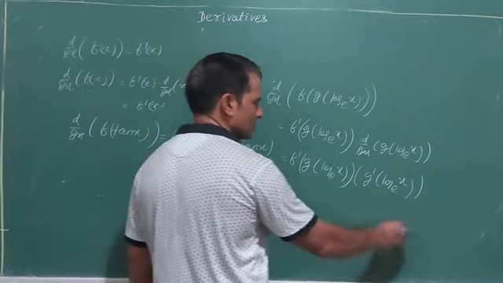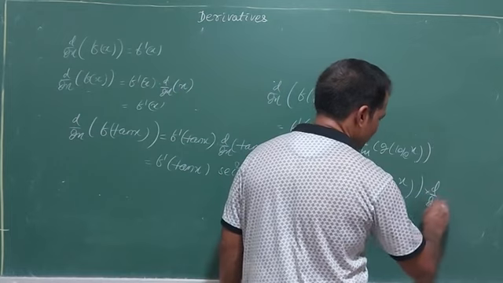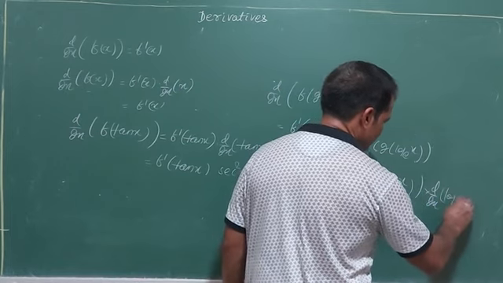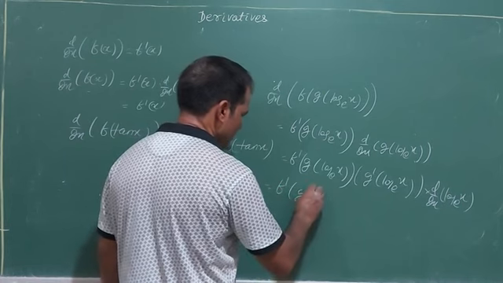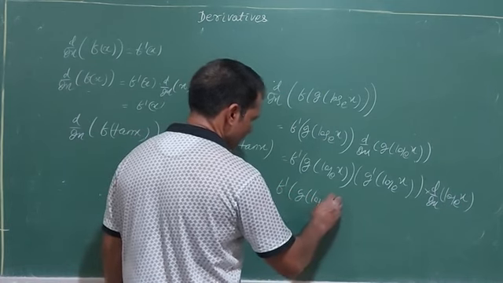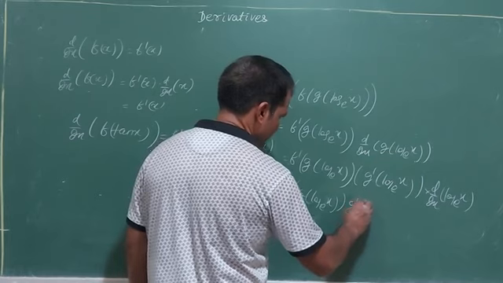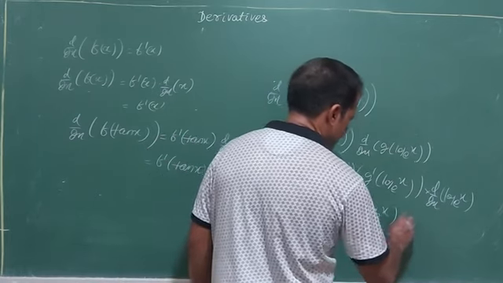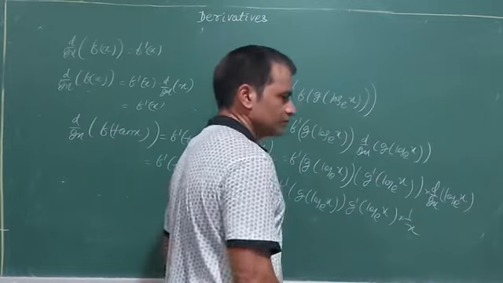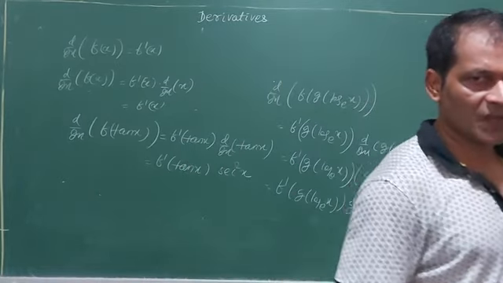This is left now: into d by dx of log x. So f dash of g of log x, g dash of log x, then log x derivative is 1 by x. Alright?